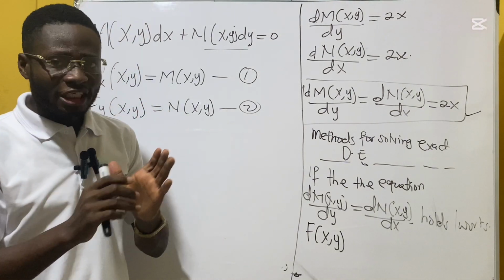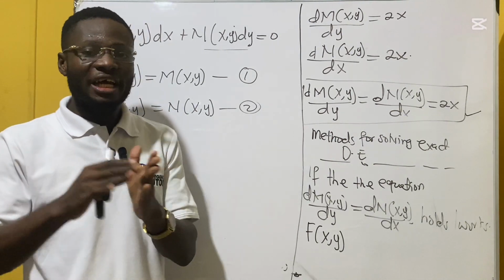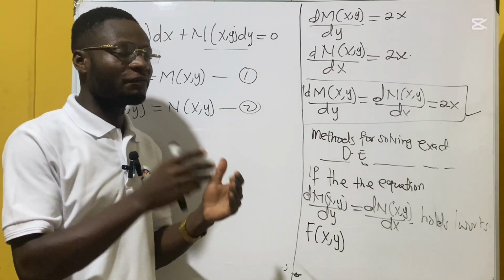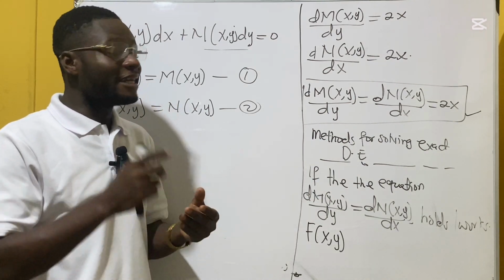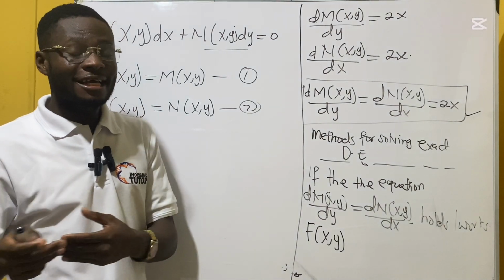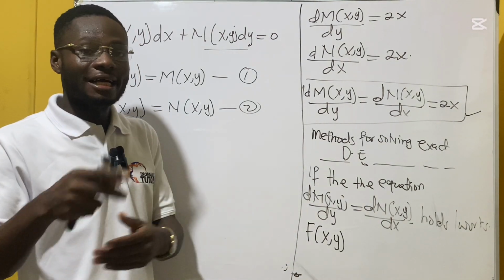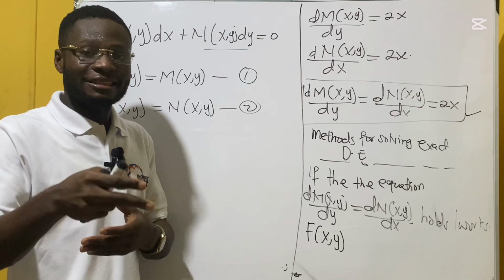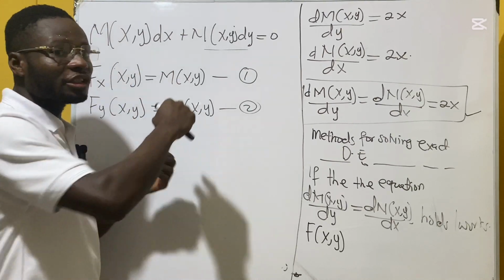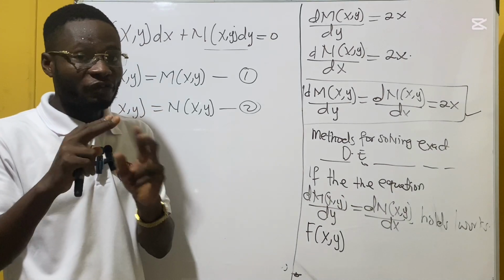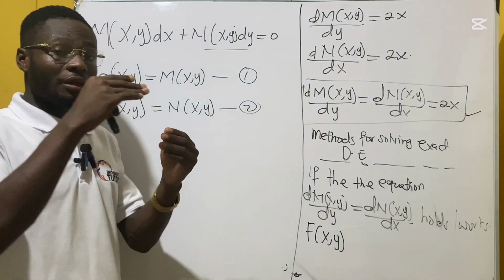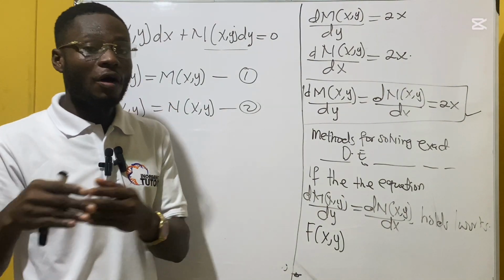So the condition is, if you have the equation and you check for exactness and it works, then it means there exists a function f of x and y such that its first derivative with respect to x is equal to M of x and y.